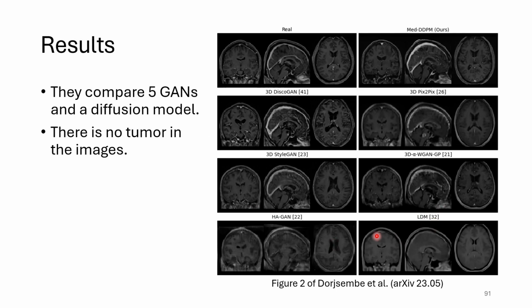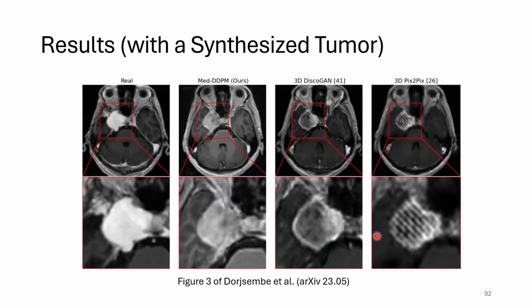All right. Okay. First, this is a result they show, but they didn't generate any tumor in the image. So this is something like the 3D DDPM, and this is the result of the generated tumor. To generate tumors, they can only compare their result with 2 existing methods. This is pix2pix 3D and the 3D DiscoGAN. And they saw from the pix2pix that there are artifacts.